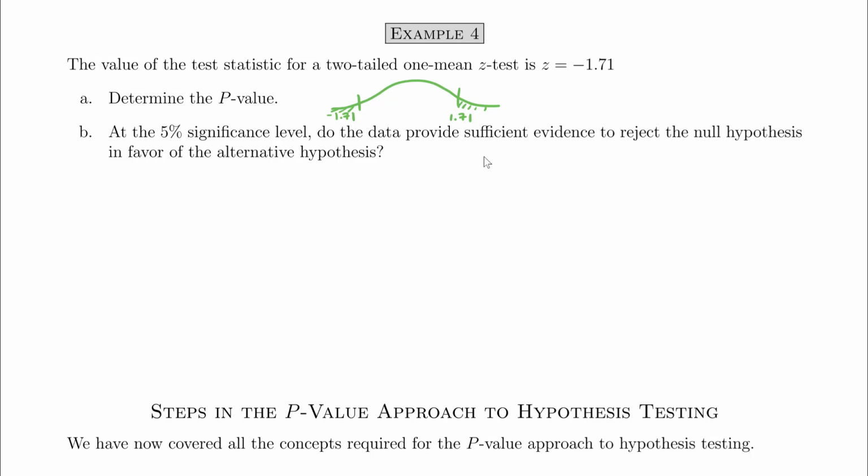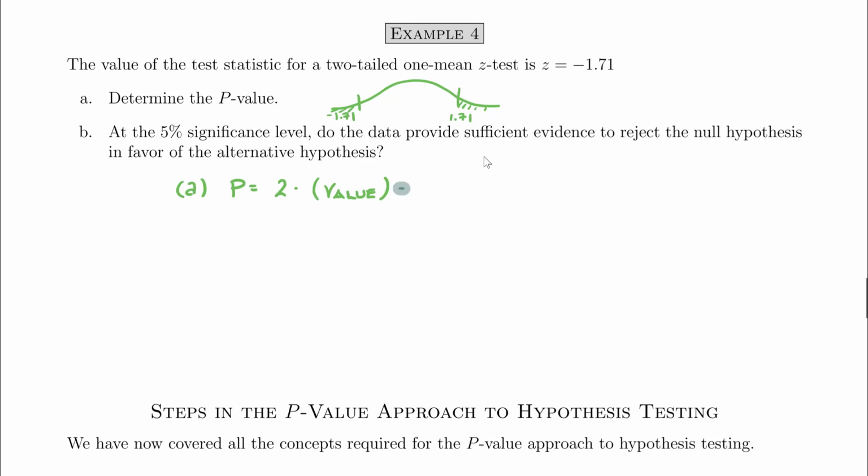Don't get confused by this, but for part A, when we're doing a two-tailed test, P is equal to 2 times whatever that value is for either one of those because of the symmetry. And then that's going to equal our p-value.